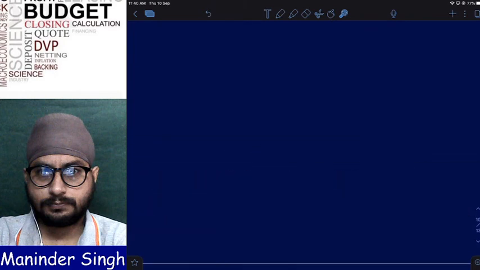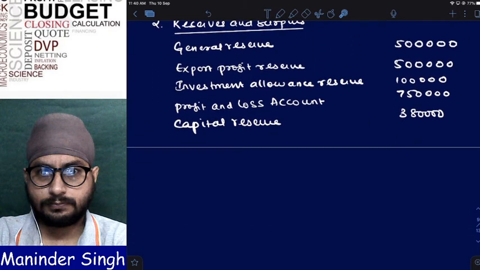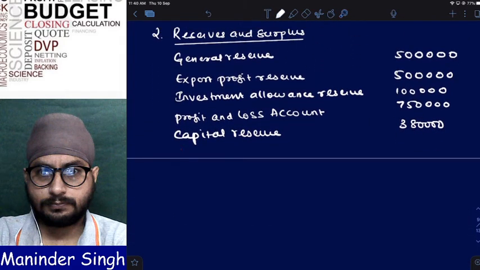So what I'll do, amalgamation adjustment reserve, AAR. How much? 3 lakhs, right? Now minus, because I'm showing it on the liability side.